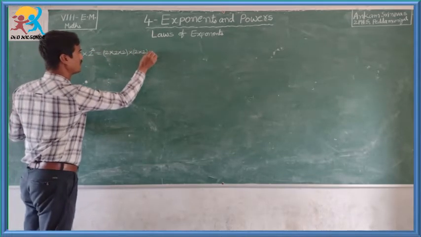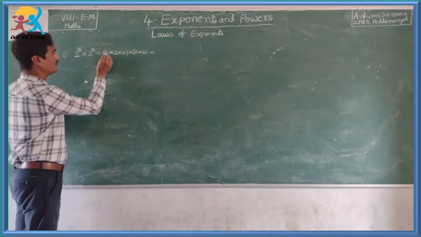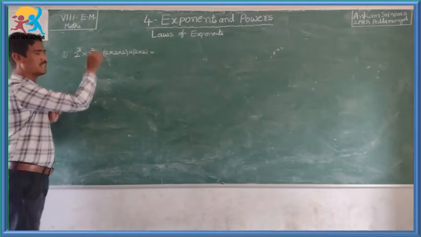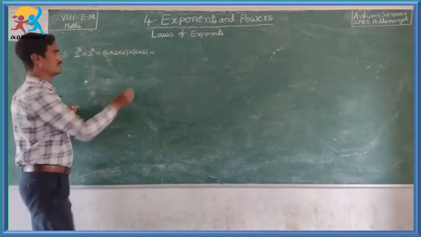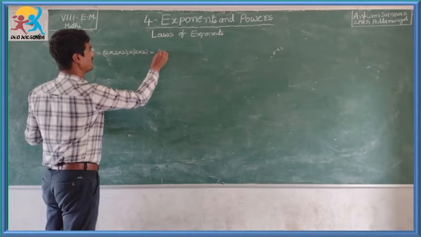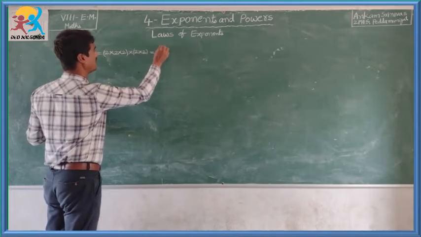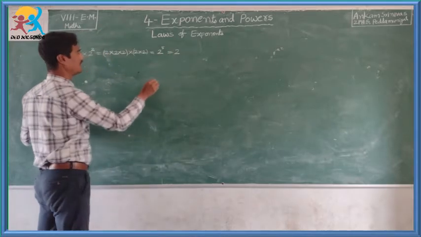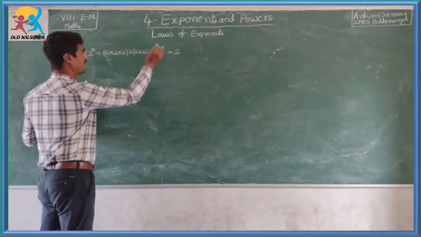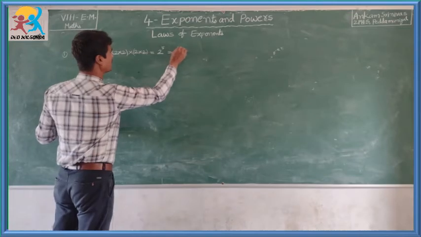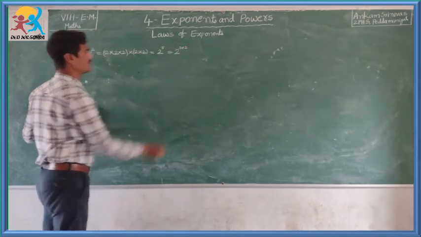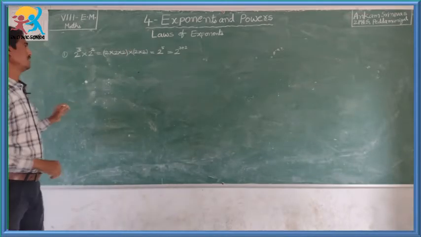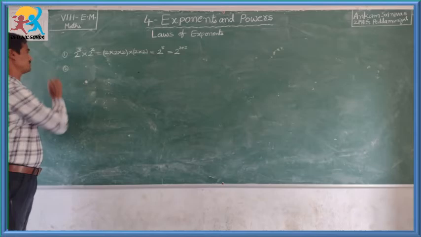So finally we get 2 into 2 into 2 into 2 into 2, that means 2 multiplied by itself 5 times. So this can be written as 2 power 5. Now 2 power 5, I am writing here, splitting 5 as 3 plus 2. Is it possible to write 5 as 3 plus 2? Yes, it is possible.